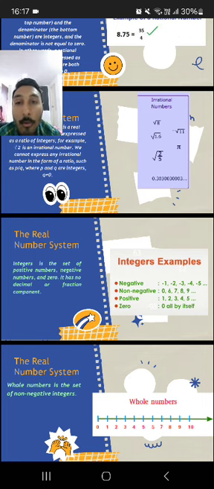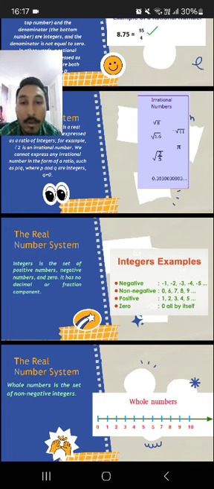Now, integers. What are integers? It's a set of numbers: positive numbers, negative numbers, but with no decimal or fractional components. It can be negative, like -1, -2, -3, -4. It can be positive, that is 1, 2, 3, 4, 5, 6, 7, 8, 9. It can be 0, but it cannot be a decimal, like 0.2, 1.6, 0.91.